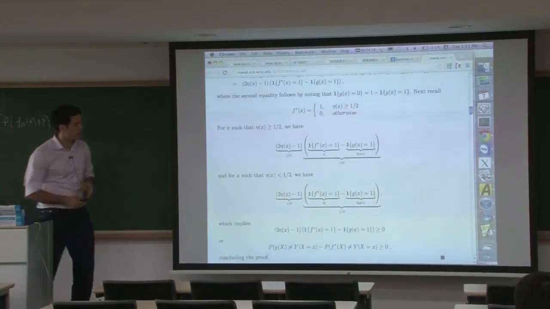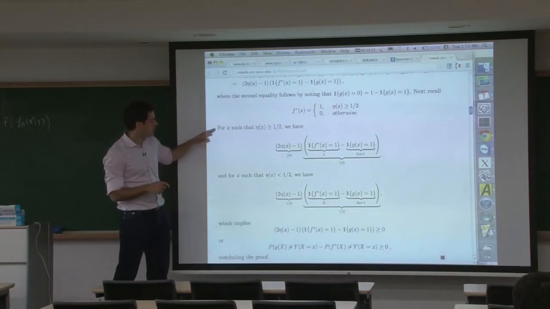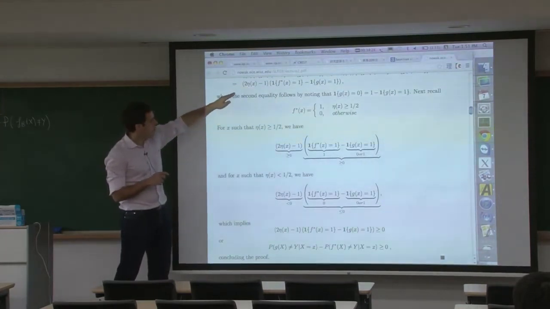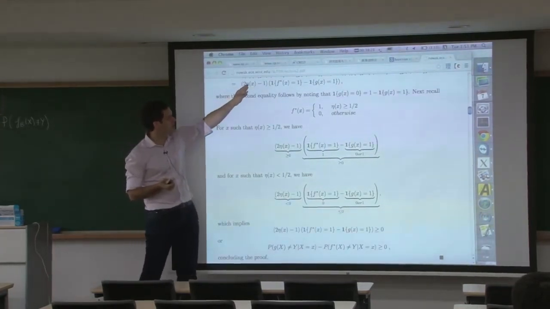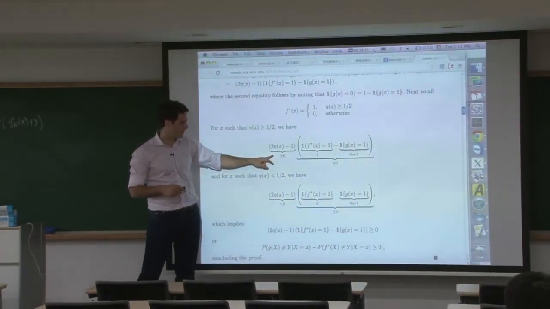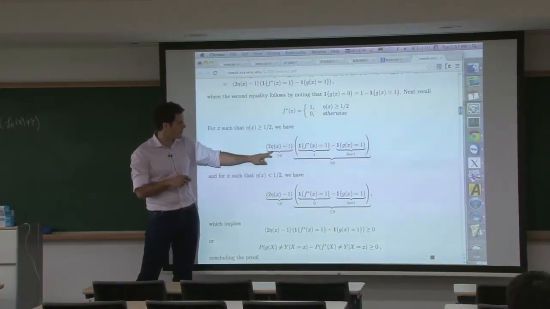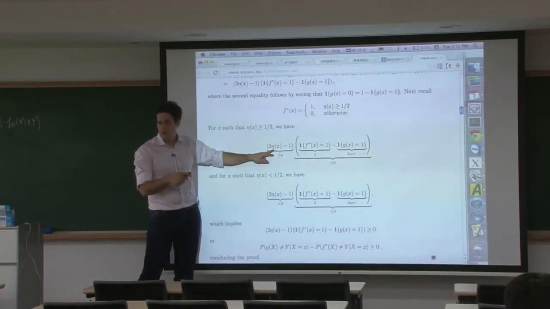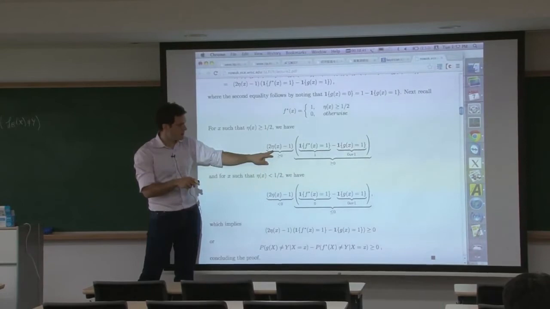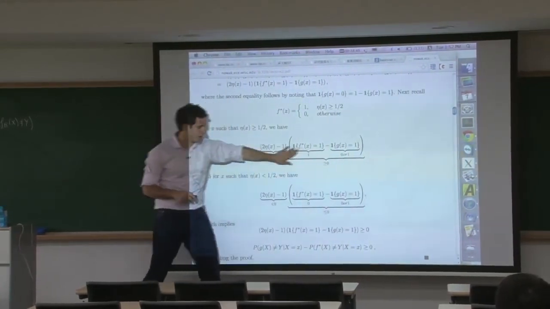You can do this simply by recalling that if you have an x such that eta of x is bigger than 1/2, then this term is non-negative, since by definition if eta of x is bigger than 1/2, the Bayes classifier will output 1, so this is 1. And this can only be 0 or 1, so the product is non-negative.